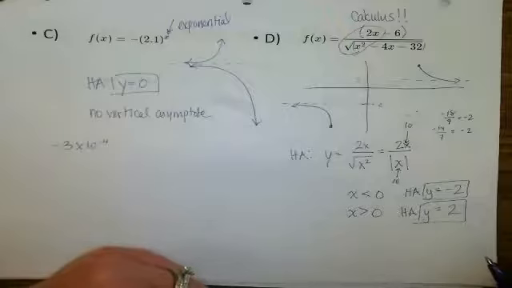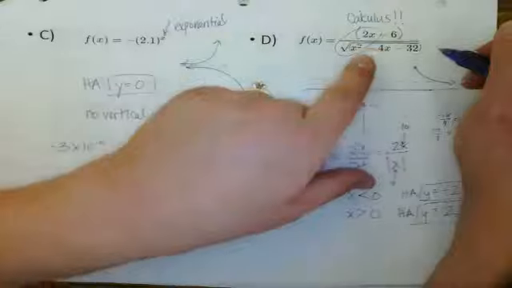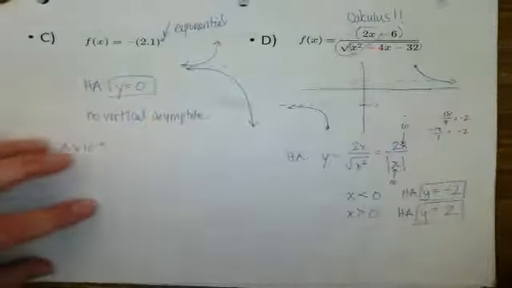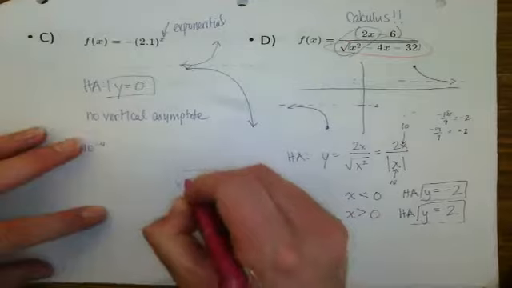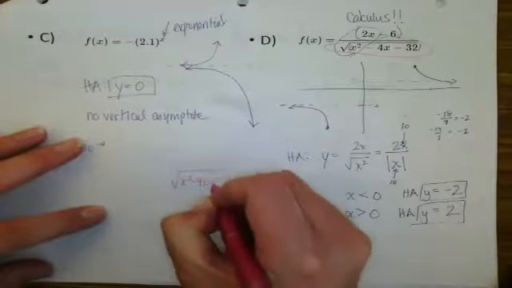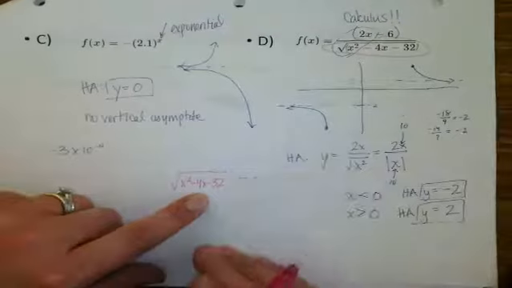I don't actually think we have vertical asymptotes. Because to get vertical asymptotes, let's look and see what happens here. Vertical asymptotes occur when the denominator is set equal to 0.